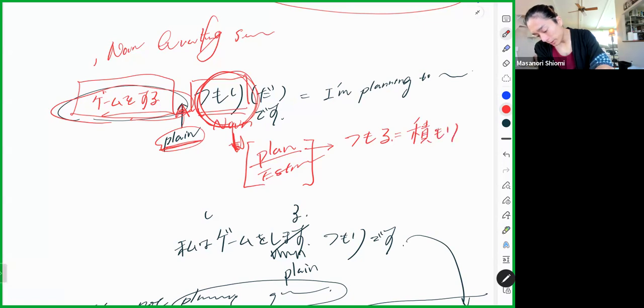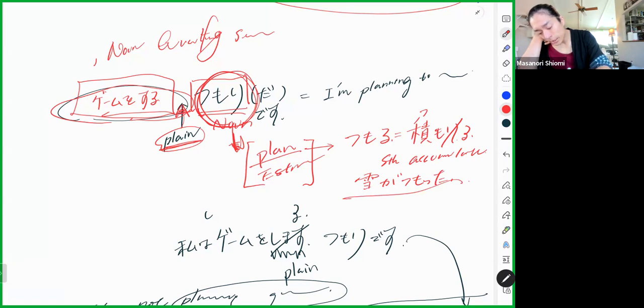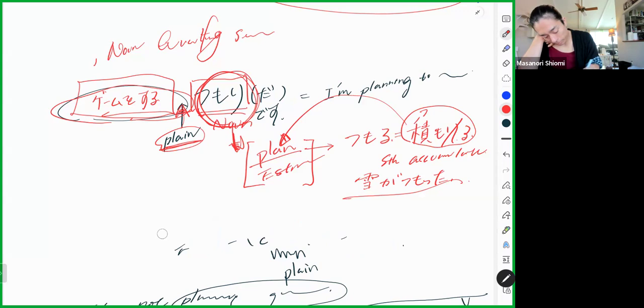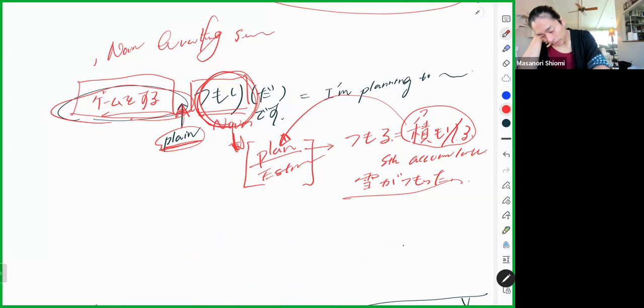You don't need to know this, but I'm just letting you know the origin. 積もる means something accumulates. For example, 雪, snow. 雪が積もった. Snow accumulated. Now, why would this verb, accumulate, mean plan? Think of the image of something accumulating.